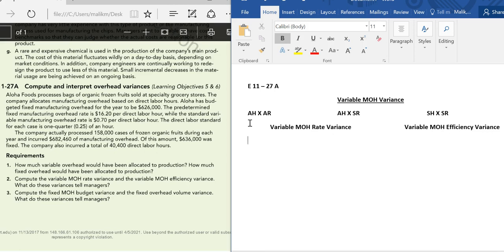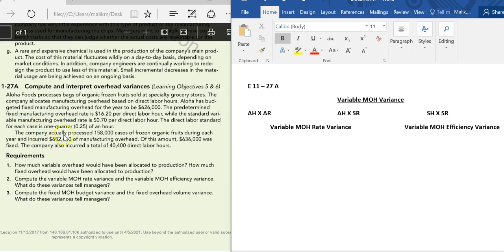For some problems, you will see that this cost will be given, but for some problem the rates will be given, and for some problem the total actual cost will be given. Here, we will figure out what type of information we actually have. We are doing the variable part, and the second paragraph is all actual information. And if you read this second paragraph very carefully, it actually doesn't identify what is the variable overhead cost, but it actually says what is the total overhead cost.